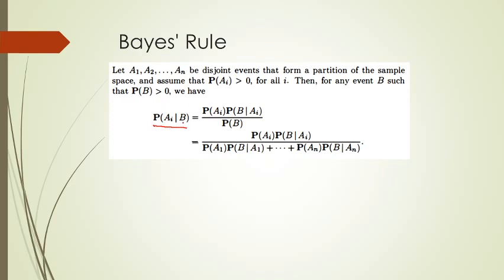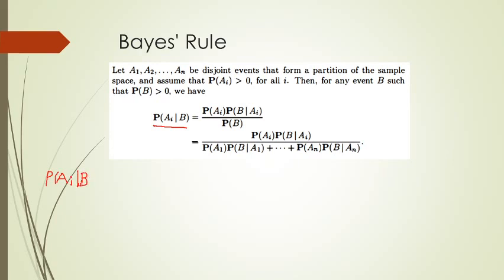This is given the event B occurs, then the probability of event AI. Then what is this one? Now let's rewrite it, according to conditional probability. Again, as I said, this is different from the one we talked about in the total probability theory.